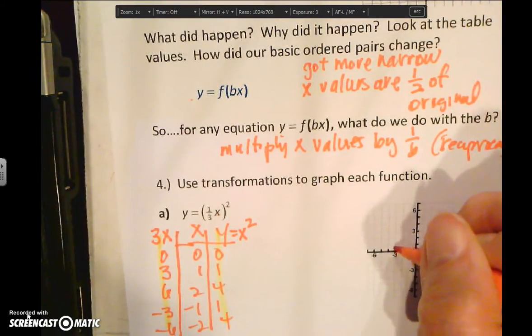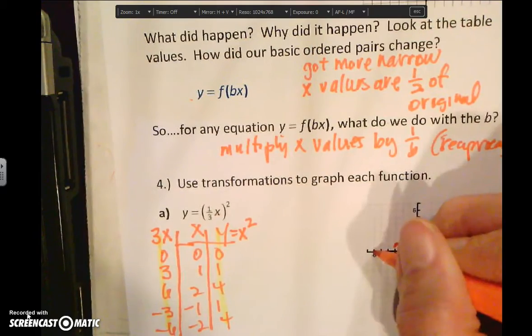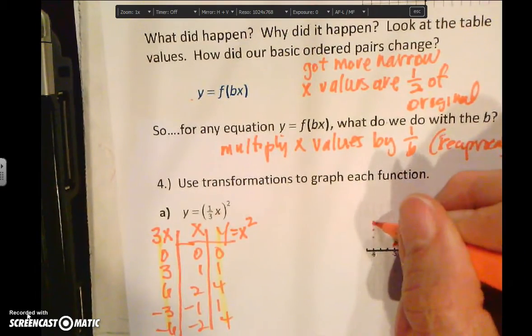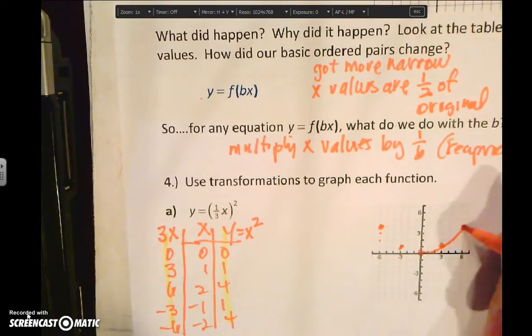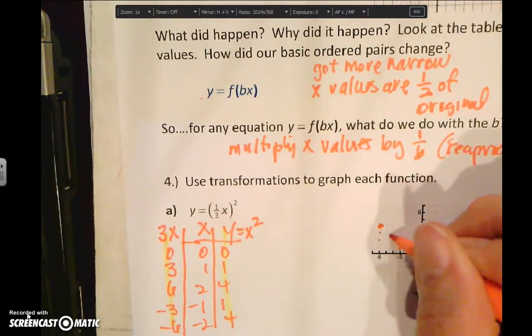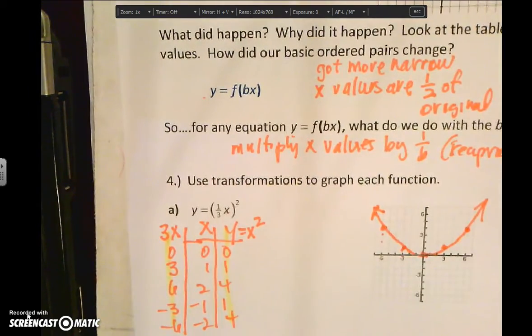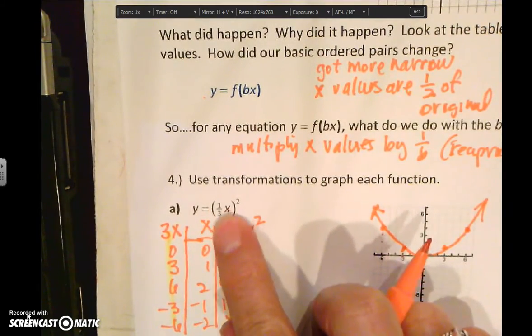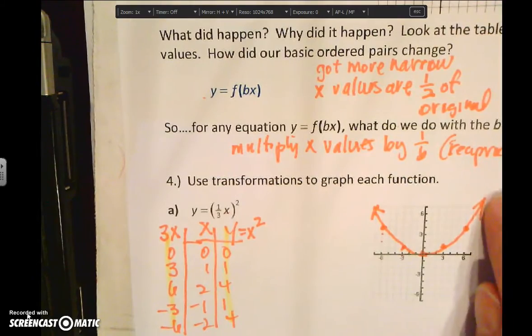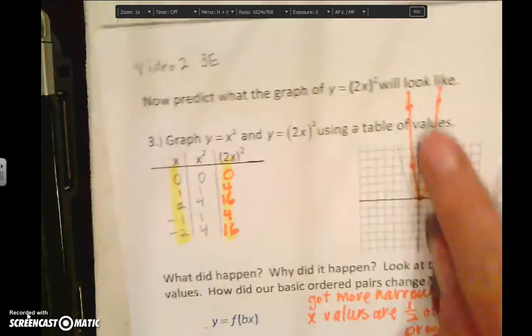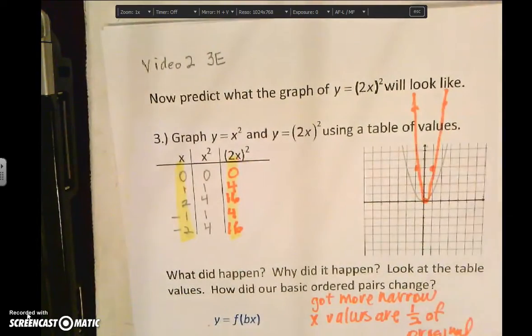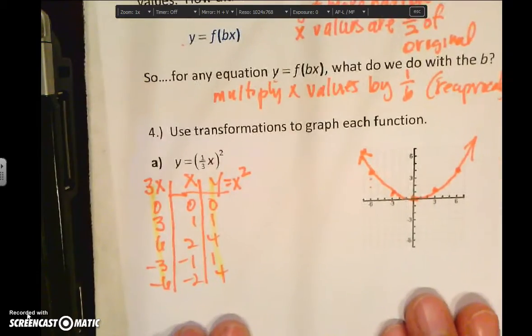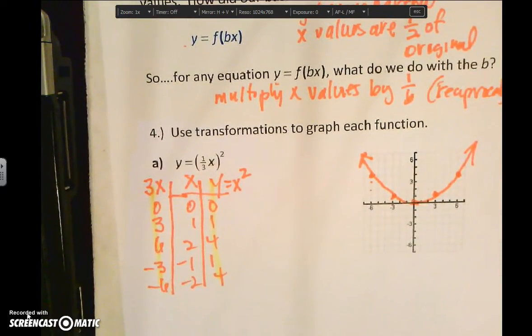Then negative 3, 1, and negative 6, 1, 2, 3, 4. So just a general observation: when I have 1/3 of the x inside, my parabola is wider. And when we had the 2 inside, it is more narrow. So inside is going to affect how wide or narrow it is.